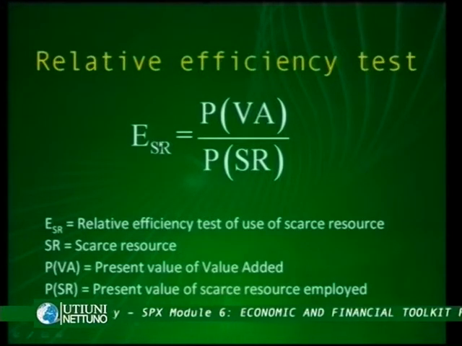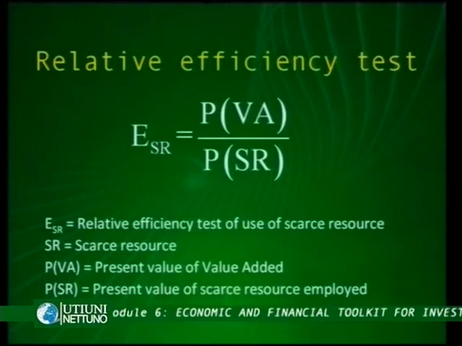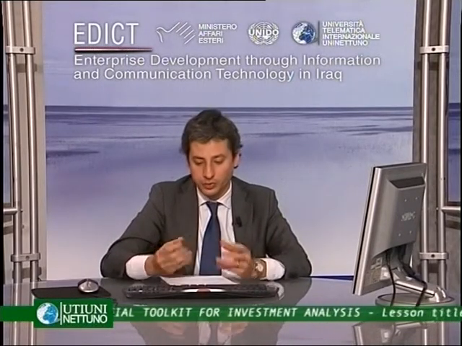The important aspect here is that in performing this test, you should carefully measure the value of scarce resources, because one of the most important things that we have said about scarce resources in the previous classes is that when there is a scarcity of resource, the market price of that resource could not reflect the true economic value of that resource for the economic system. And we saw that we typically solve this price distortion using accounting prices rather than market prices.